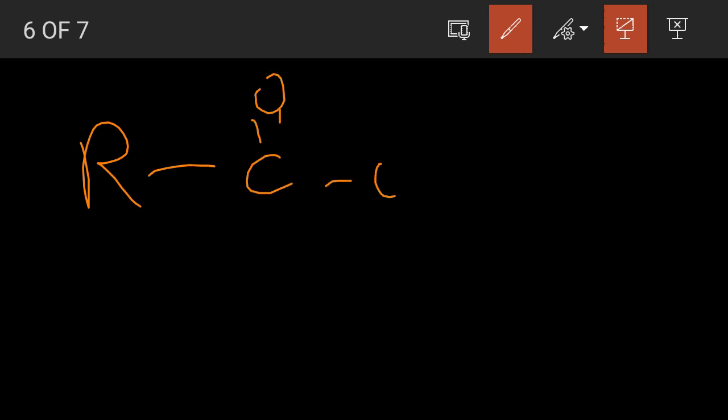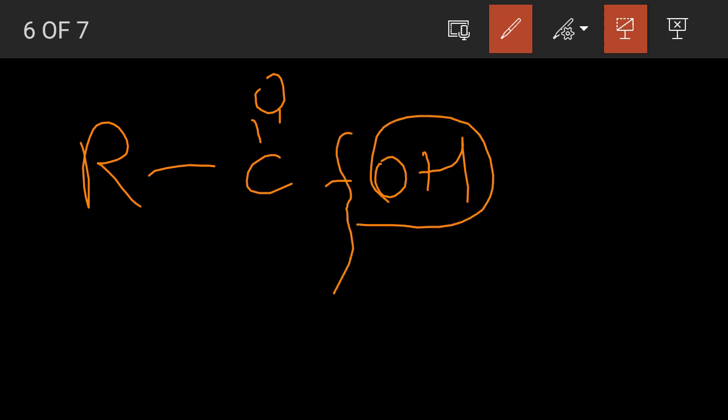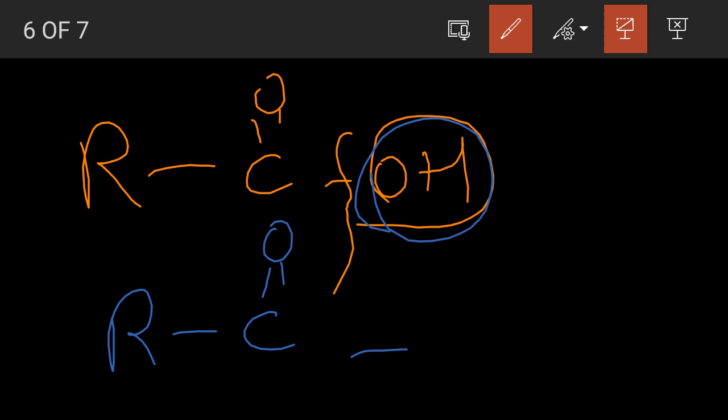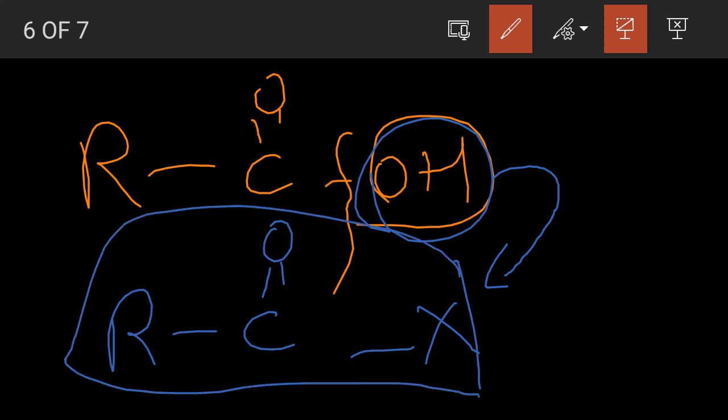We know the structural formula of the carboxylic acid, that is RCOOH. If the bond between carbon and the hydroxyl group breaks and this hydroxyl group is replaced by any halogen atom, then this compound is called an acyl halide. It means the acyl halides are derivatives of carboxylic acids, hence they are also called acid derivatives.